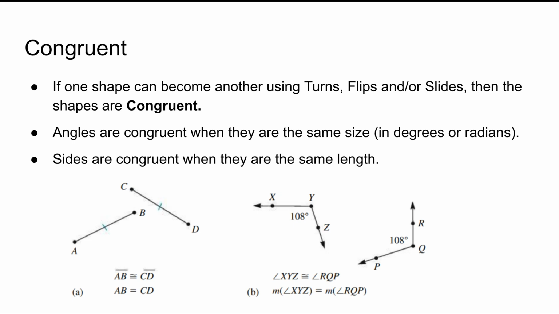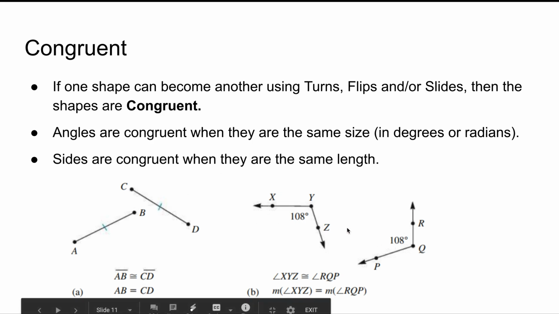Sometimes I talk about congruent. What does congruent mean? Even if you turn, flip, or slide the shape, the size doesn't change, then it's called congruent. So it's exactly the same size, whether it is a length or an angle. Angles can be congruent when they have the same measure, the same size in degrees or radians.